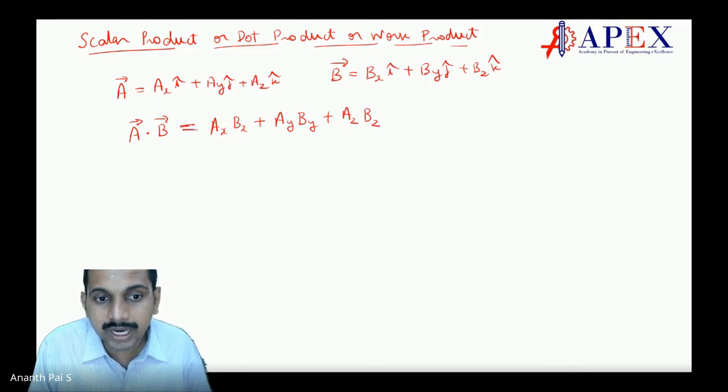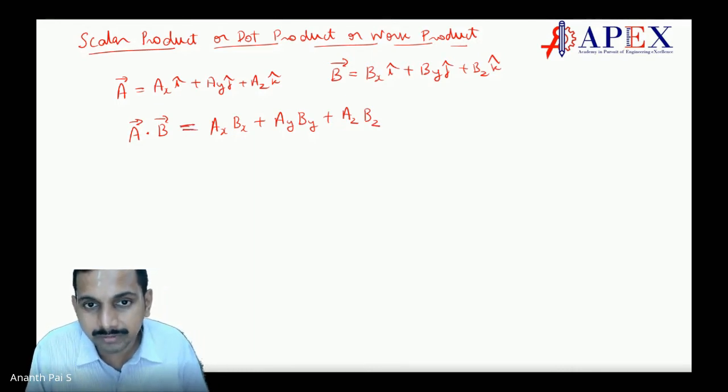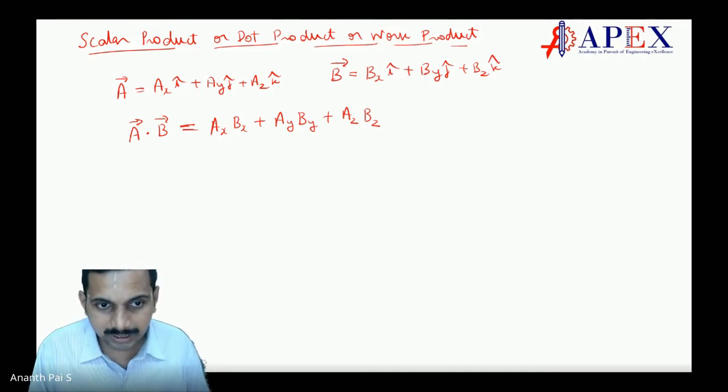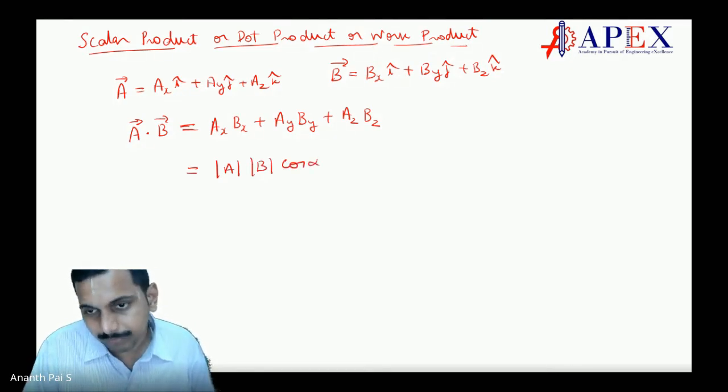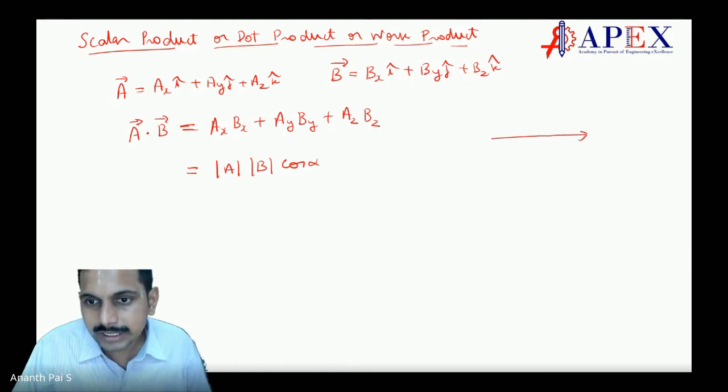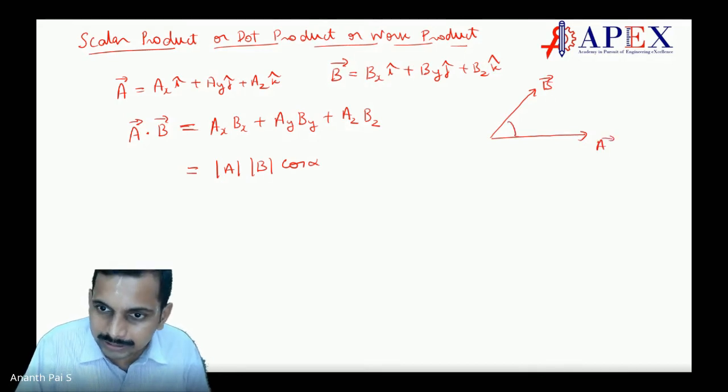Observe, this is a scalar. There are no unit vectors here. So this can also be written as magnitude of A into magnitude of B into cos alpha, where alpha is nothing but the angle between the two vectors. Say this is B vector, this is A vector, and this is alpha.